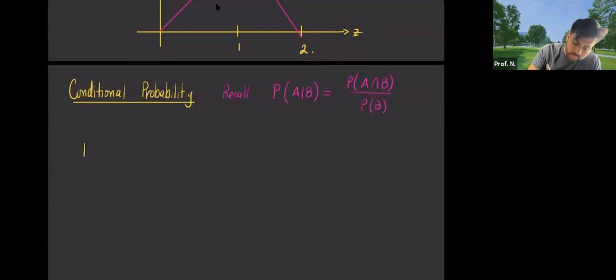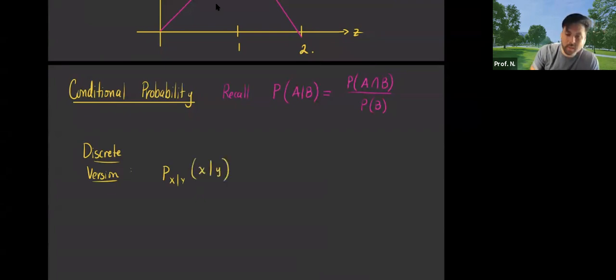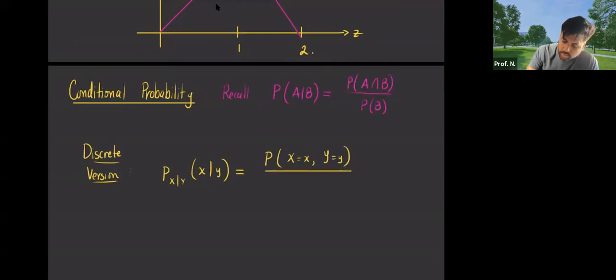For the discrete version, we usually use P. If we have X given Y, then we use this notation: P of X given Y. This is the same thing as saying the probability that X equals little x, comma, Y equals little y, divided by the probability that Y equals little y. It follows exactly from here.